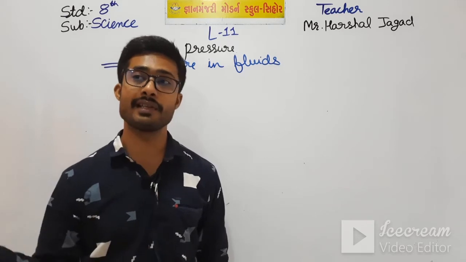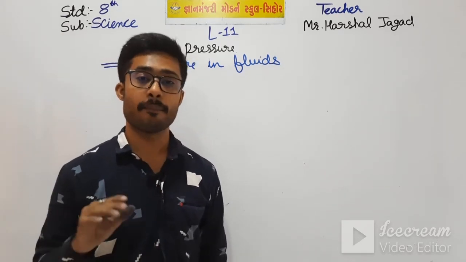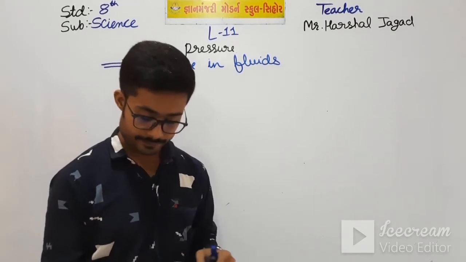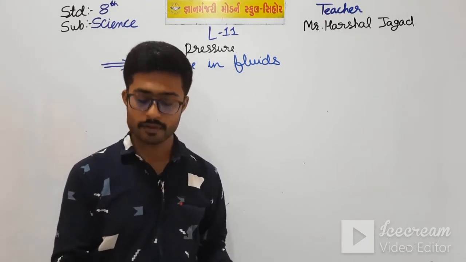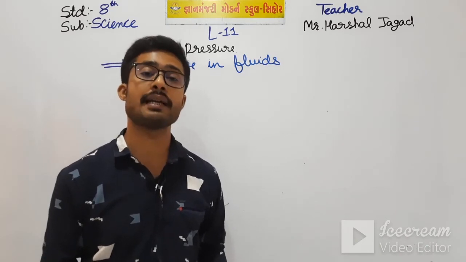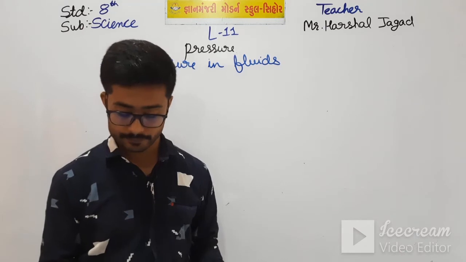The pressure which is in the atmosphere is atmospheric pressure, and we will find how it acts. Here is an activity to show that there is an atmospheric pressure on us.